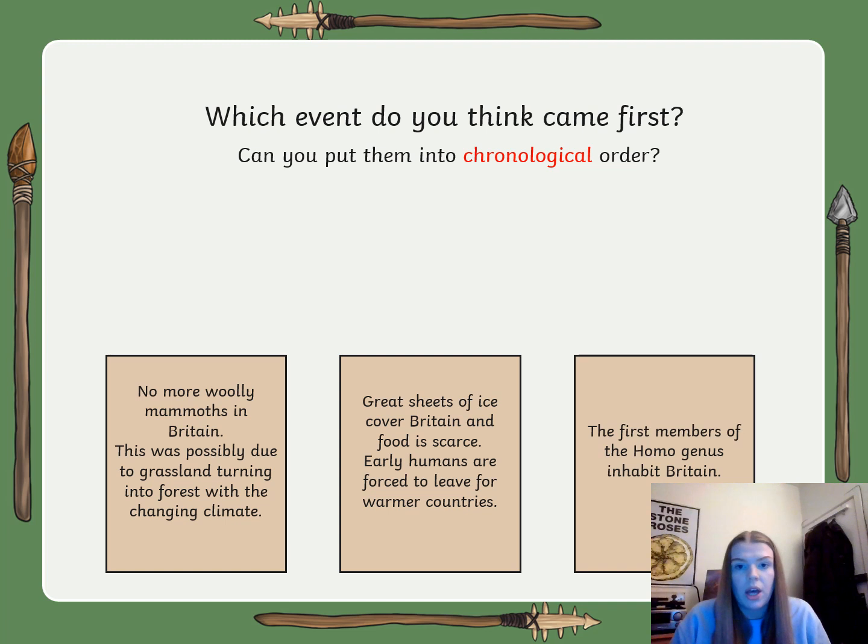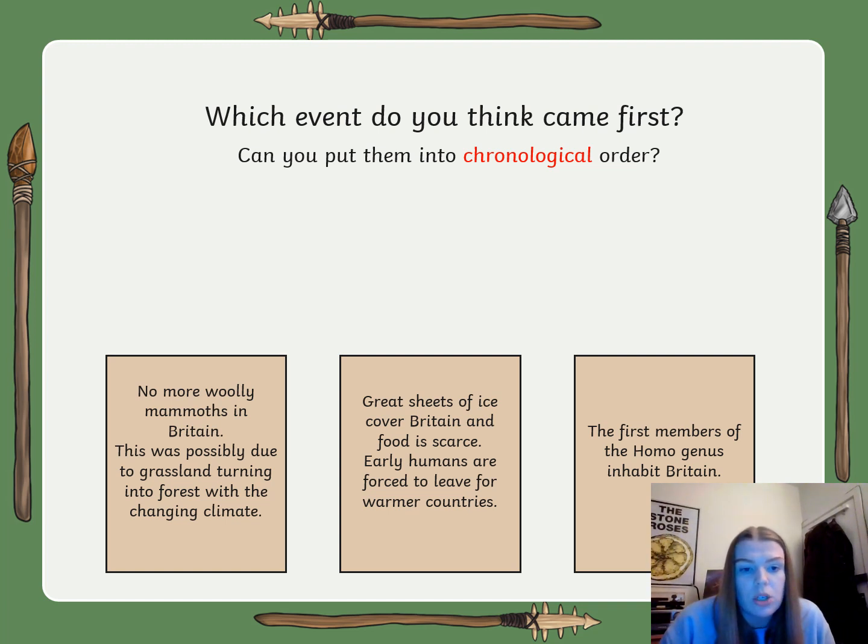Okay, then we're going to look at another chronological order then. So which event do you think came first? Can you put them into chronological order, remembering that that word means in the order they happened? Okay, so your events are: no more woolly mammoths in Britain.